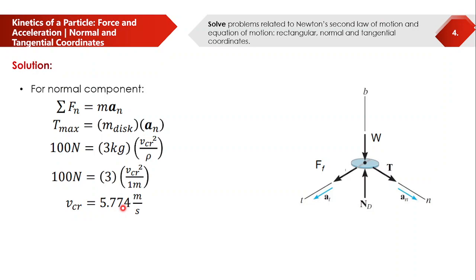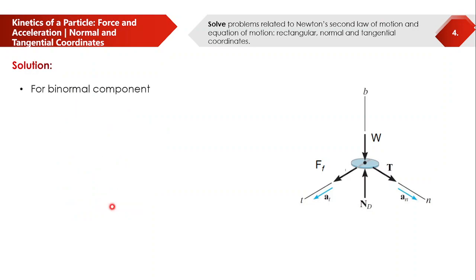So meron tayong velocity. Wala tayong acceleration na kailangan pa natin ng acceleration to solve for our time. Okay? So for binormal component, ano yung masasolve natin sa binormal component? So meron tayong weight and the normal force. So that will be upward force will be the positive manner.